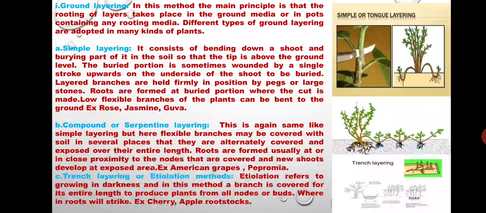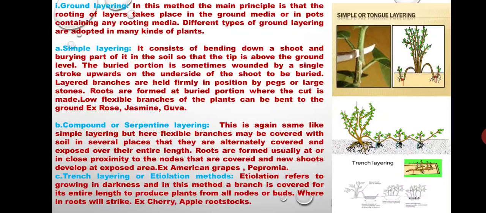The first method is simple layering. It consists of bending down a shoot and burying part of it in the soil so that the tip is above the ground level. The buried portion is sometimes wounded by a single stroke upwards on the underside of the shoot to be buried.